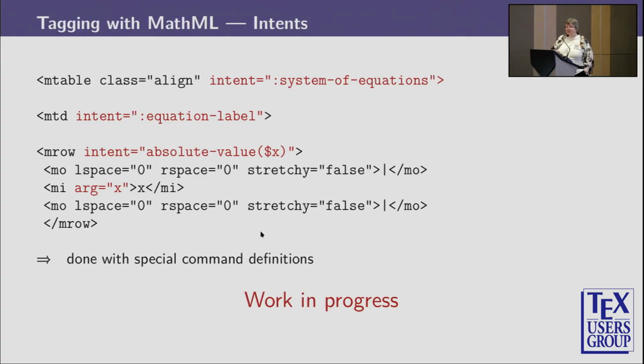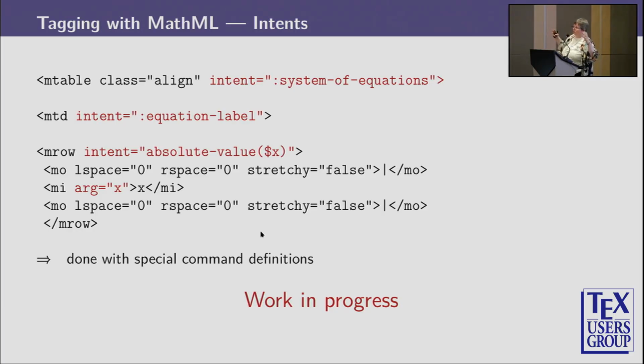The system of equations that you heard when you wrote the alignment, this is because we already add automatically an intent, a system of equations, around the line. We also add intents around the label, which was read very well.